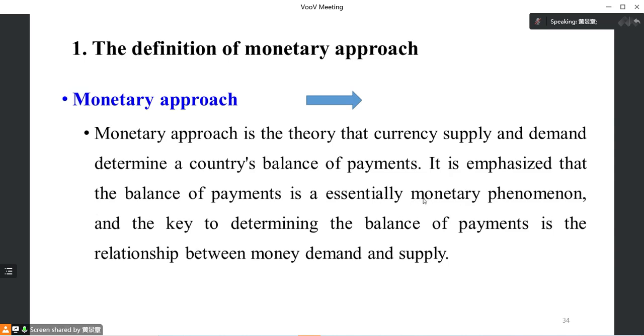This method emphasized essentially monetary phenomena. The balance of payments is essentially a monetary phenomenon.